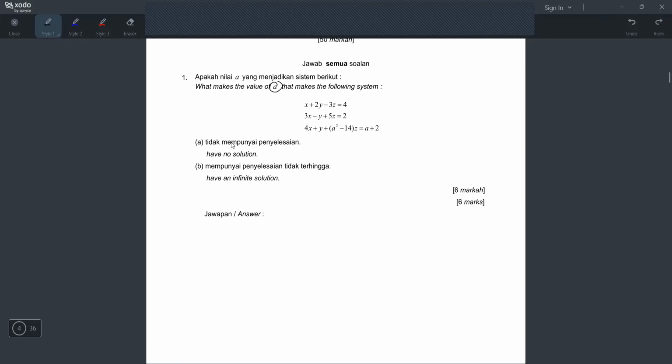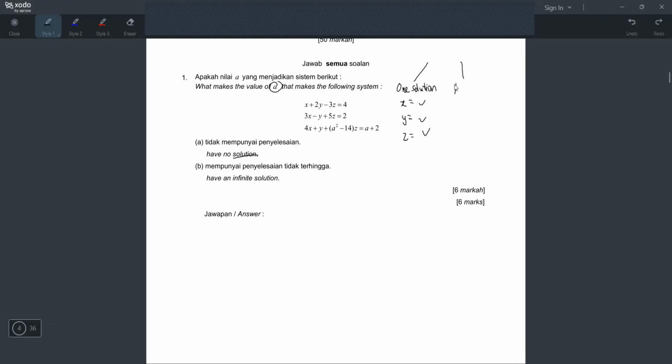Solution means answer. So if I say no solution, it means no answer. All right. How can I make this question have no answer? Actually, you need to know that for a system of equations involving 3 equations with 3 variables, you will either get one solution, which means you get one answer for x, y, and z. This is what we call one solution.